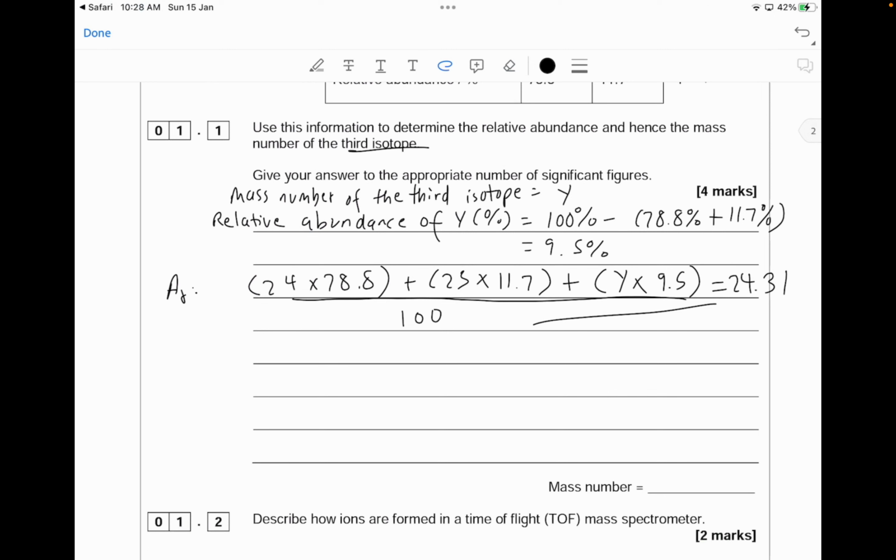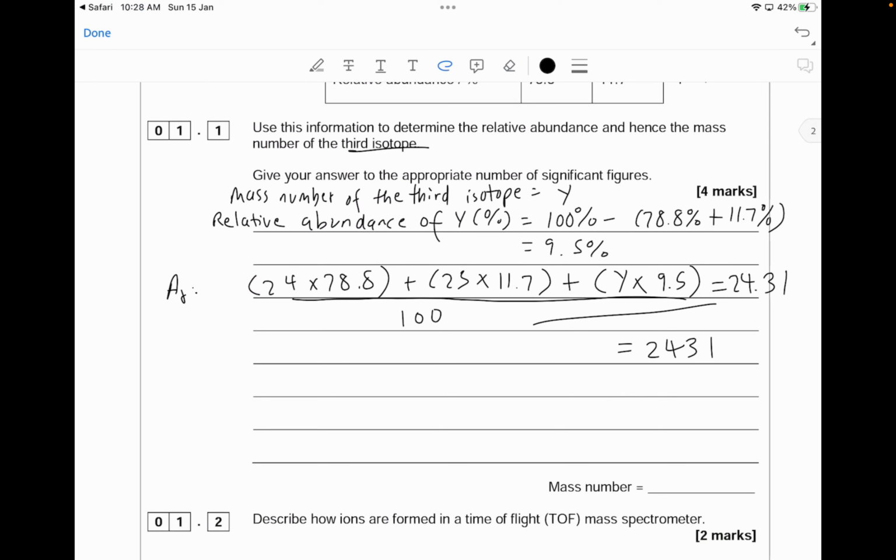So I'm just going to take out my calculator here. 24.31 times 100 is equivalent to 2431. Since that is 2431, we have to multiply and add the other side, right? So it's going to be 24 times 78.8 plus 25 times 11.7.